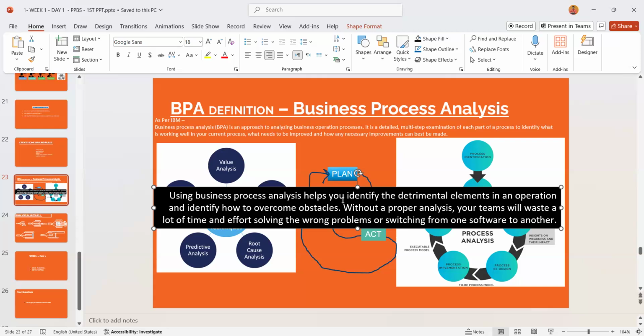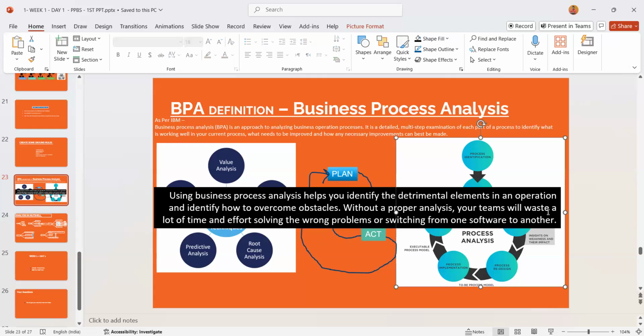So business process analysis becomes crucial when you need to identify certain elements that impact the operational work. Without a proper analysis, your team will waste a lot of time and effort solving the wrong problem or switching from one software to another. That becomes very crucial to identify those processes.